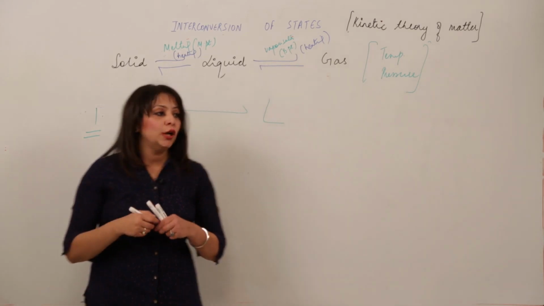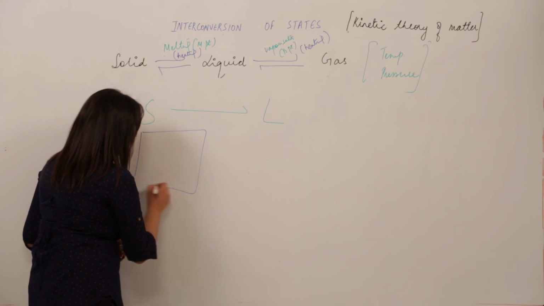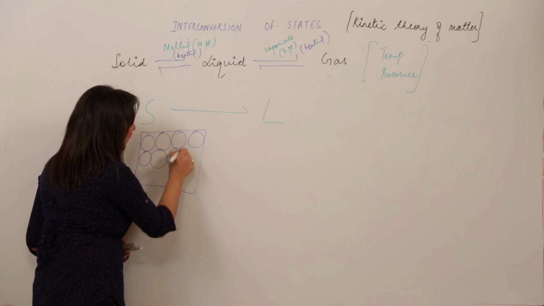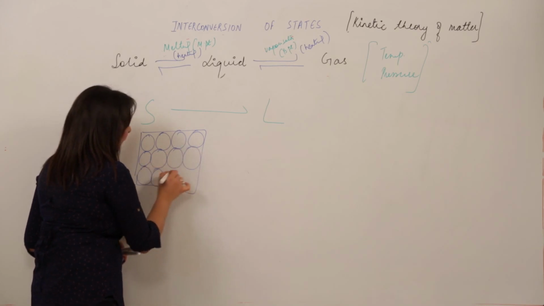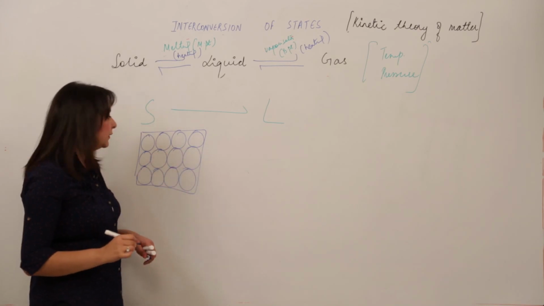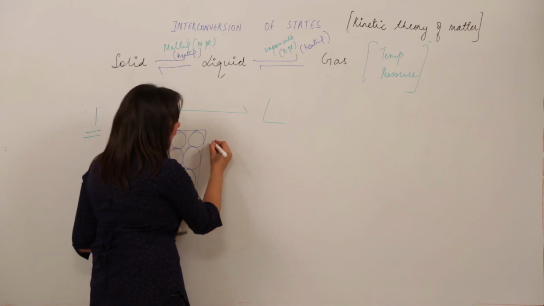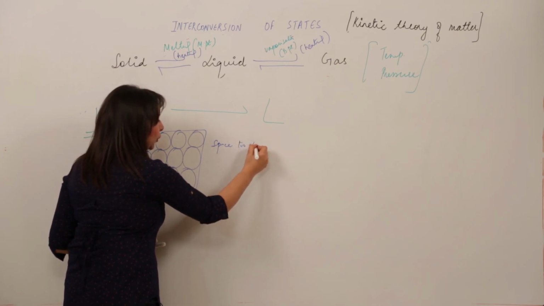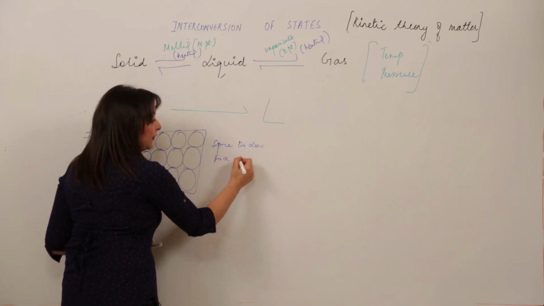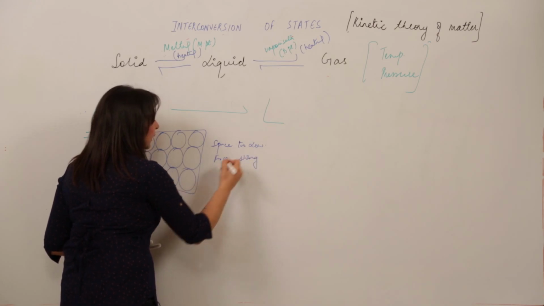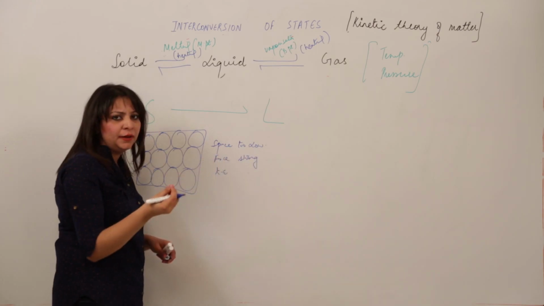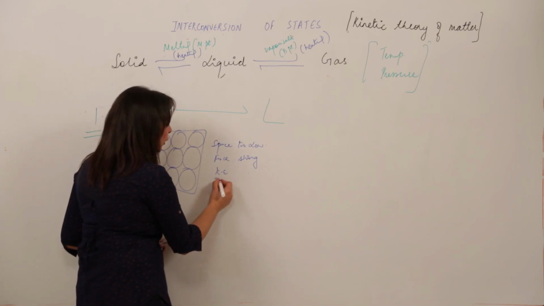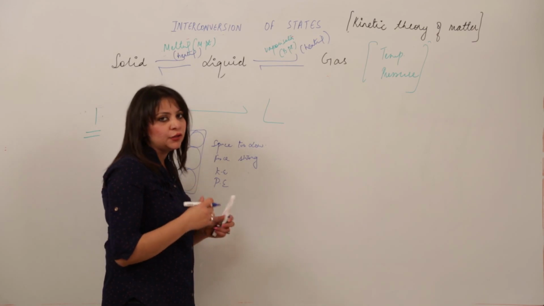So see, in solid, particles are arranged in this order. That means they are closely packed. I am again briefing the properties of solid: they are closely packed, their space is too low, intermolecular force is very strong, and they possess some kinetic energy, though little, and they also possess potential energy due to interaction between the particles.